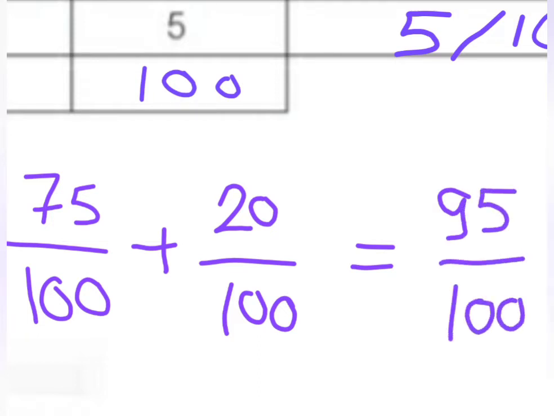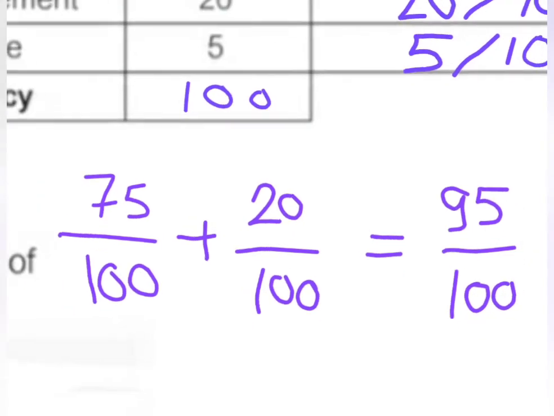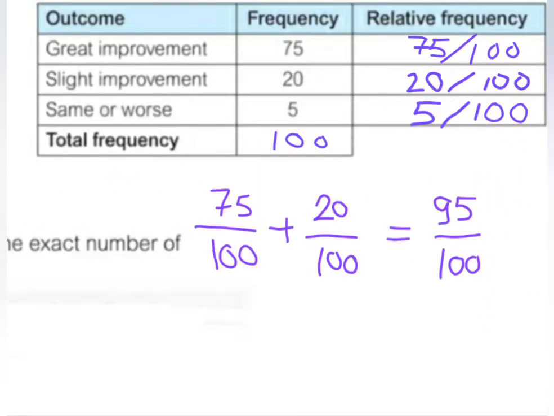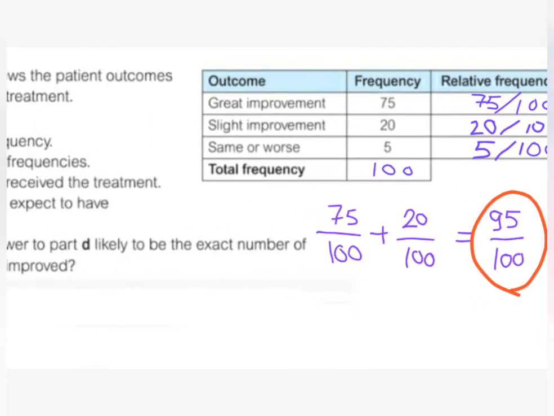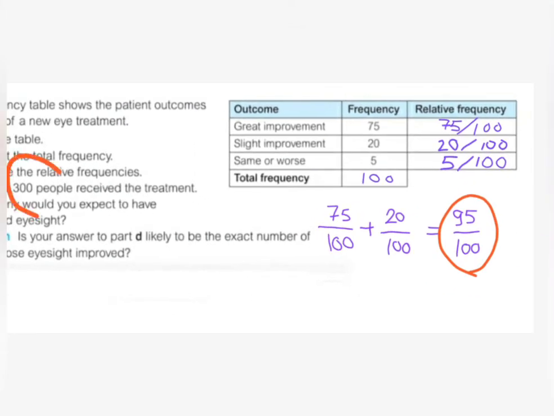So basically speaking, it's 95%. Now, we take the 95% and then multiply it by 300. And this is how you'll answer this question.